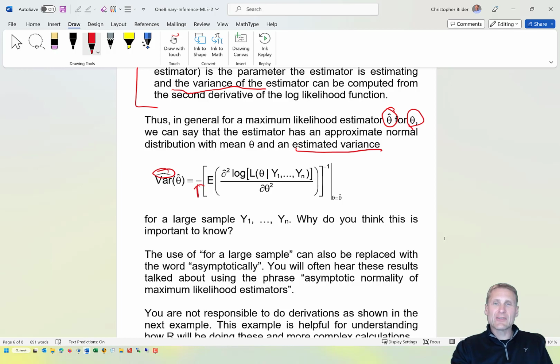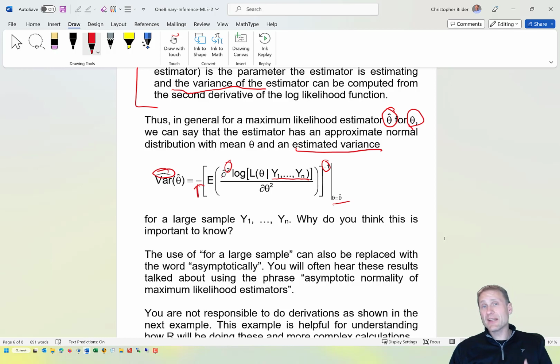Then you find the expected value of the second derivative of the log likelihood function, where you treat the observed data as random variables. Take the second derivative with respect to theta, then invert it, and then wherever you see a theta, replace it with a theta hat. So it's quite the process.